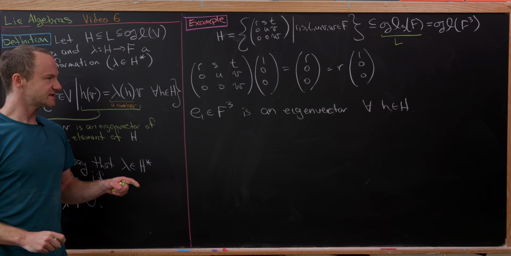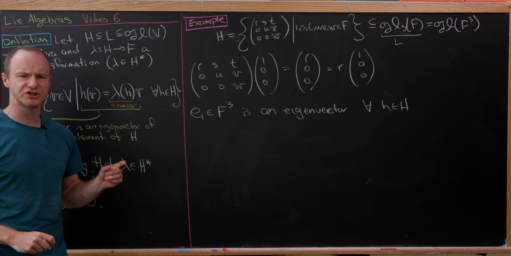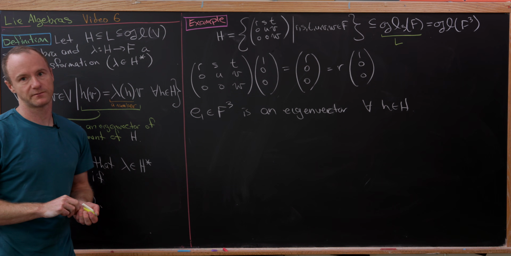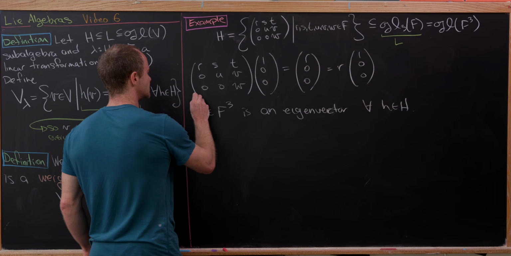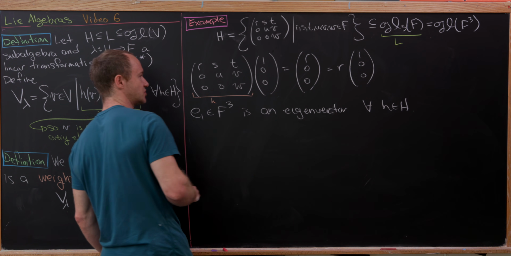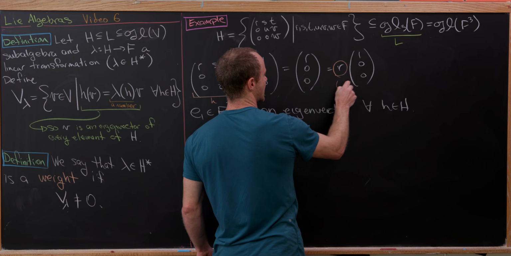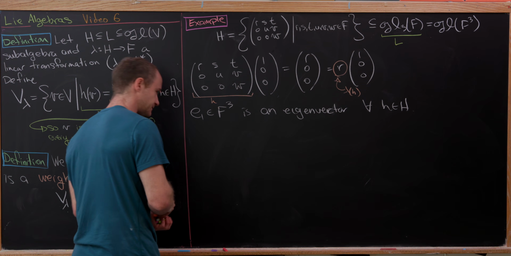And then we can use this to get an idea for how we should define our function lambda, or our linear transformation lambda. We'll think of this as playing the role of h, and then this number right here should be playing the role of lambda(h).